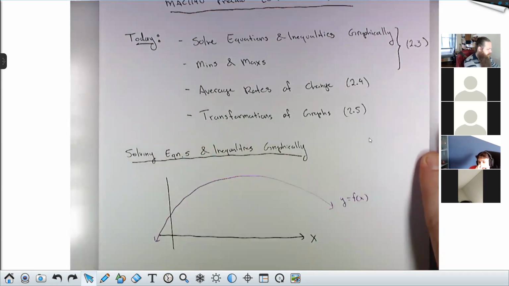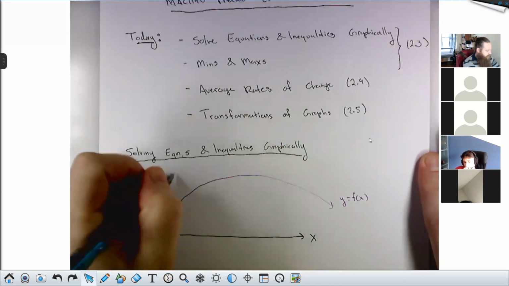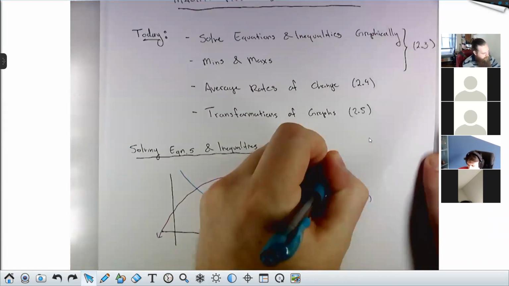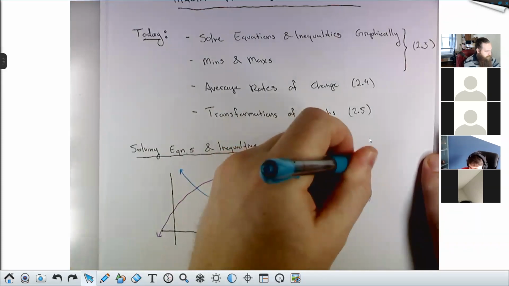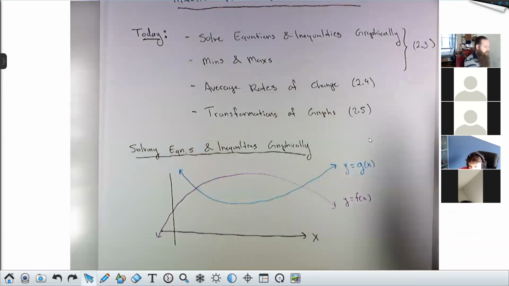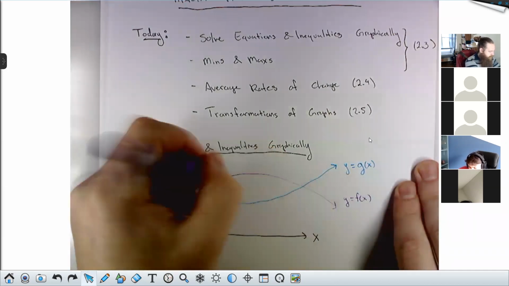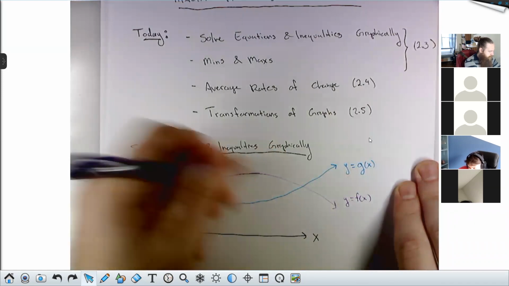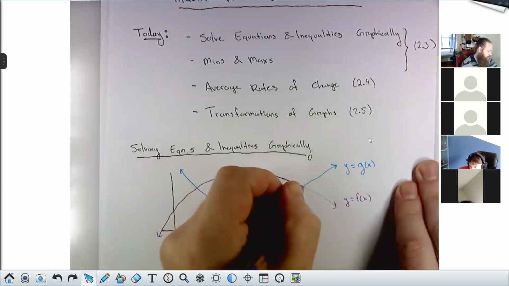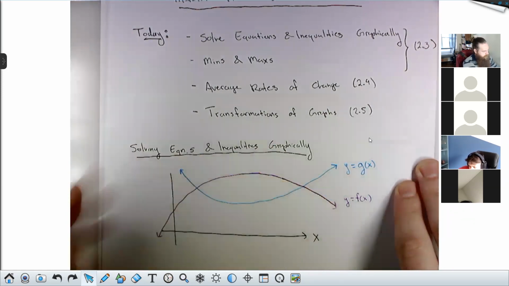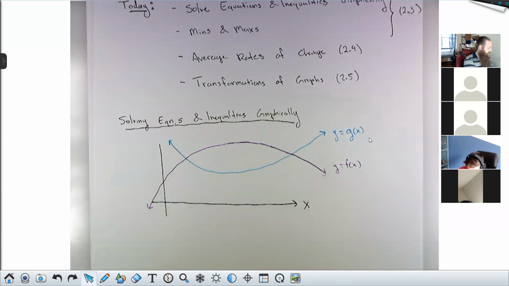I'll draw another one here in blue. We'll call this the graph y equals g of x. Nice and bold, so you can see everything well. Okay, so two functions graphed in the same coordinate axes.